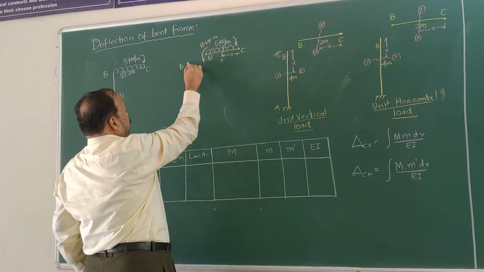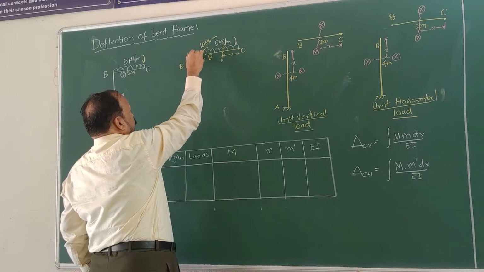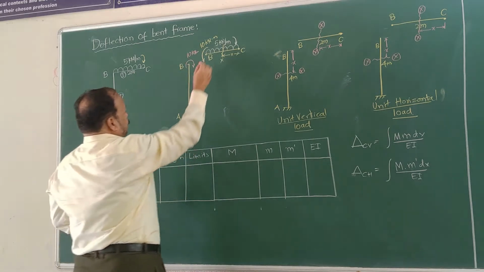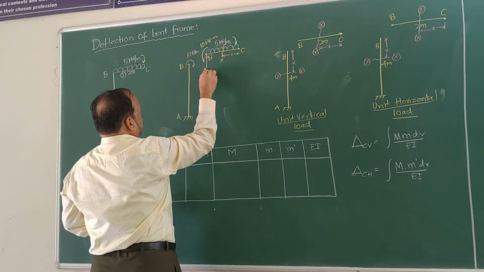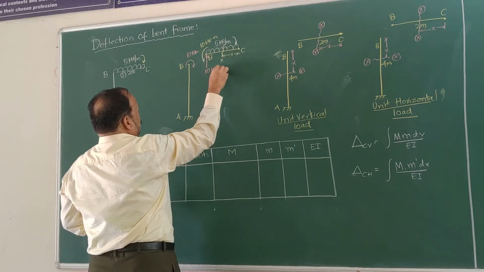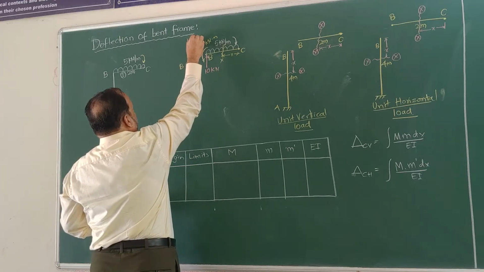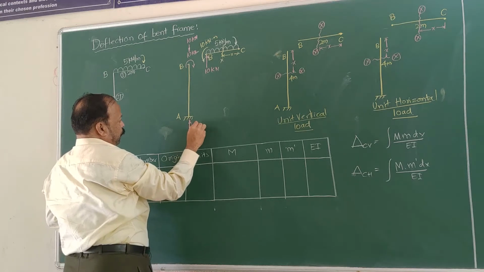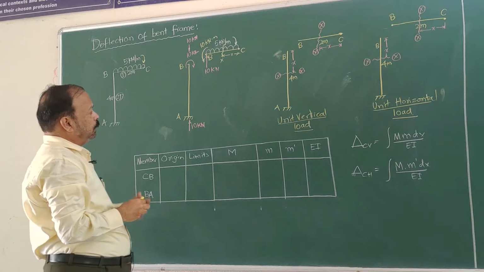Then at B, the same is transferred in the reverse direction, that is 10 kilonewton meter clockwise. Then the reaction at B will be equal to the total load 5 into 2, that is 10 kilonewton, and the reaction at A will also be 10 kilonewton. So these are the forces due to the applied load.